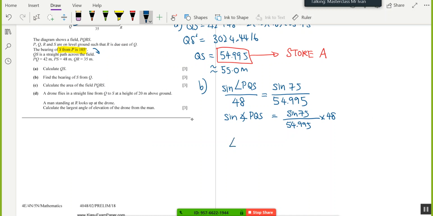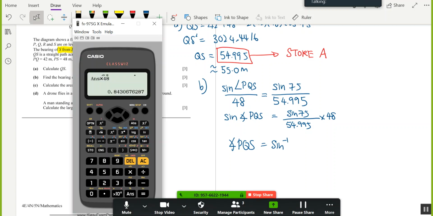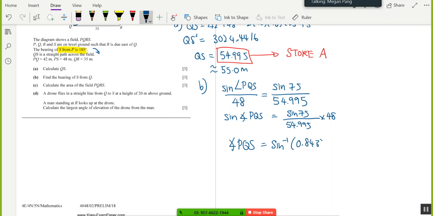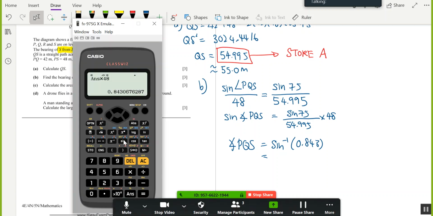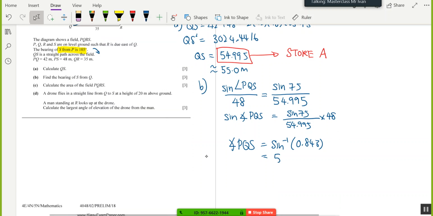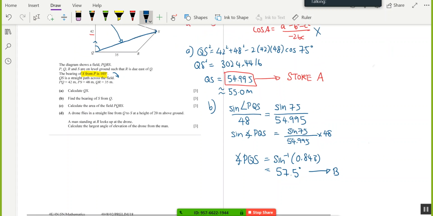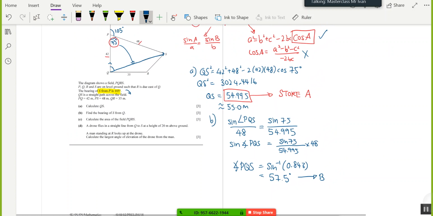So you just write down angle PQS is equal to inverse sine 0.843, which is 57.5 degrees. And you should store this as your B.